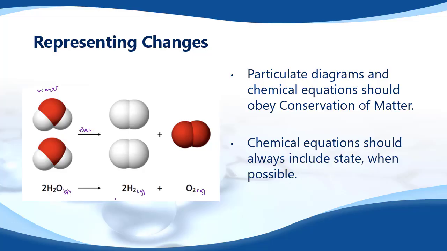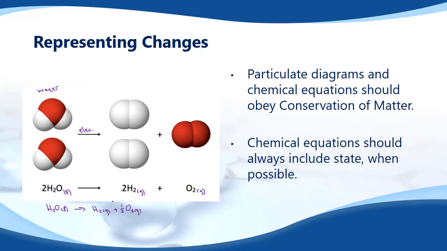Now, one thing you can do if you want to balance this, you are allowed to do this year, is diatomic elements can be balanced with fractions. The reason why we do this is so that we only have one molecule of the reactant, right? So an alternate way that I can write this is I can say H2O liquid will form H2 gas plus 1/2 O2 gas.